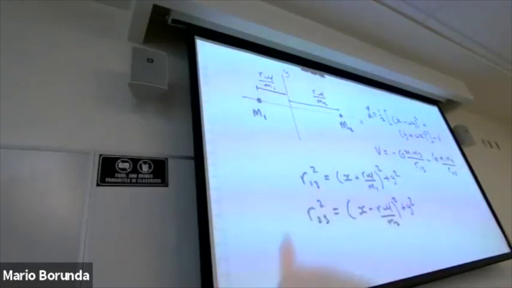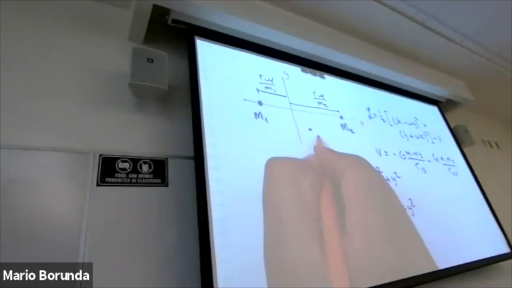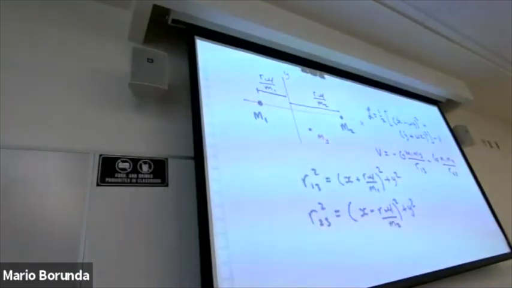So for instance, if you have your particle here, that would be where M3 is.